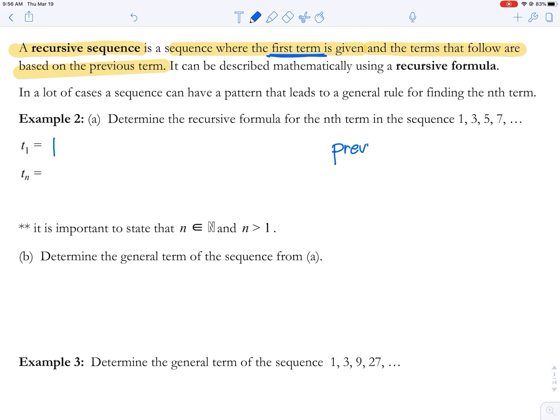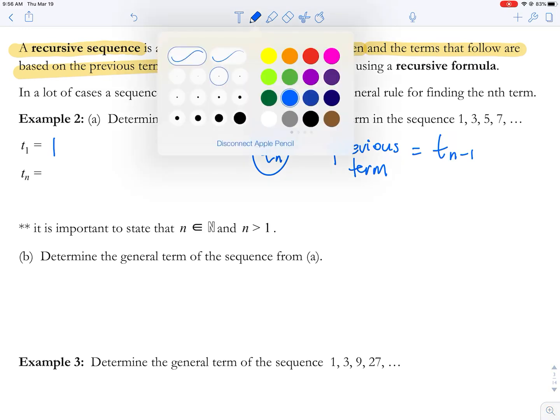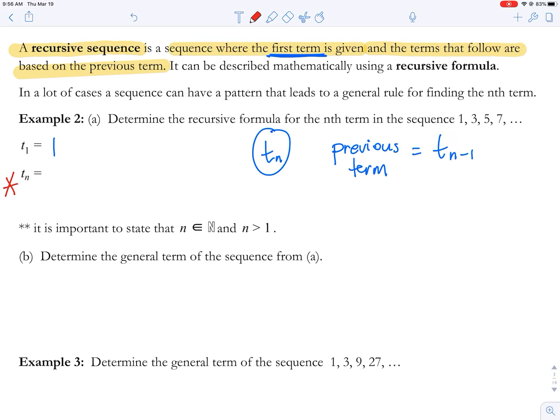So if my term that I'm looking at is Tn, then the previous term would be Tn minus 1. Someone's going to give me grief over that little n. So Tn minus 1. So now I'm trying to figure out what Tn is.